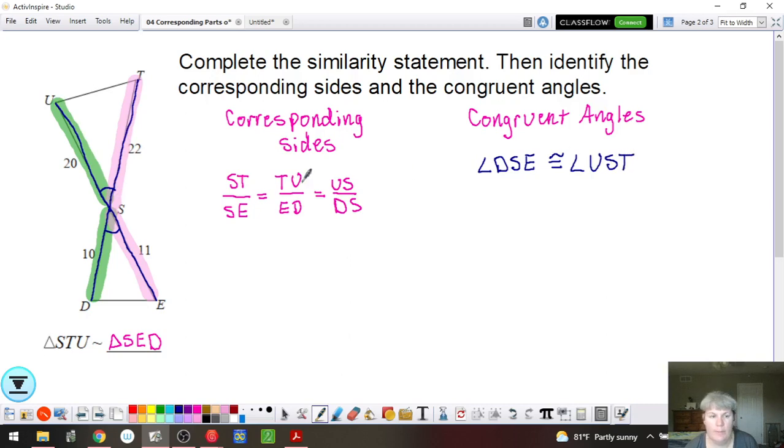So anytime a point is shared, we call this a vertex. Anytime a vertex is shared by 2 angles, we need to use 3 letters to name those angles.